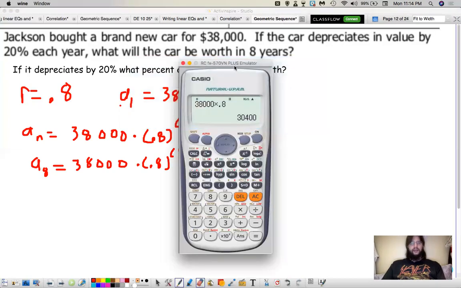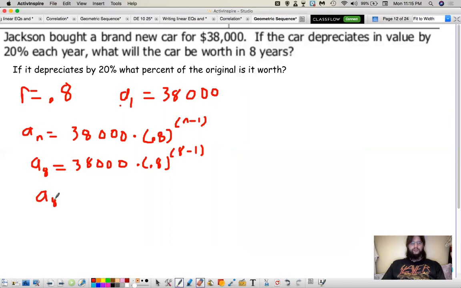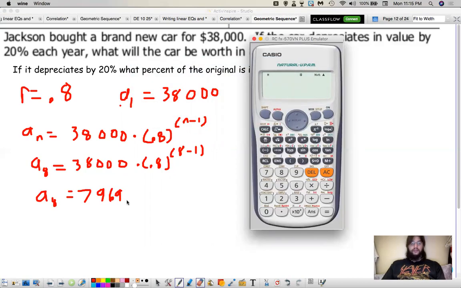Not a slight idea what this will come out to be. And we get $7,969 and 18 cents.